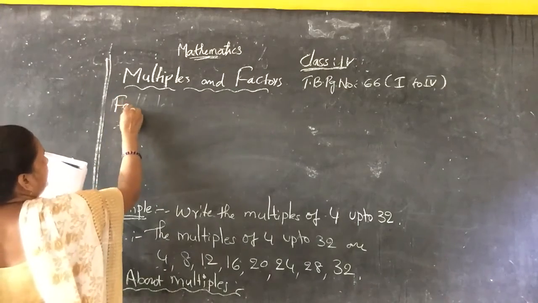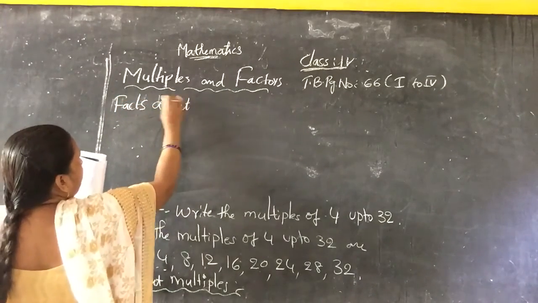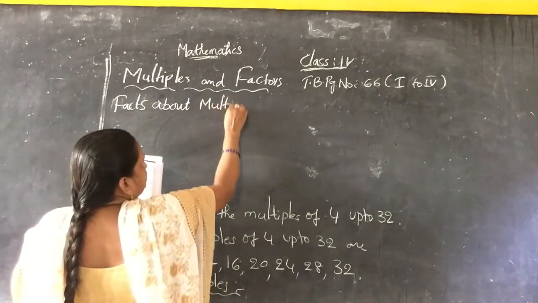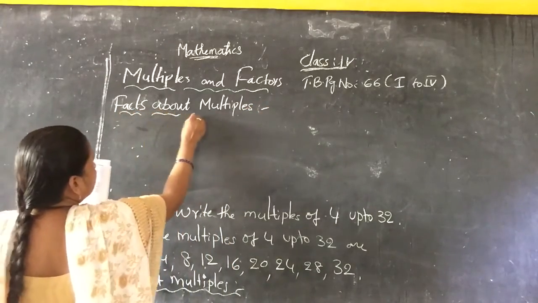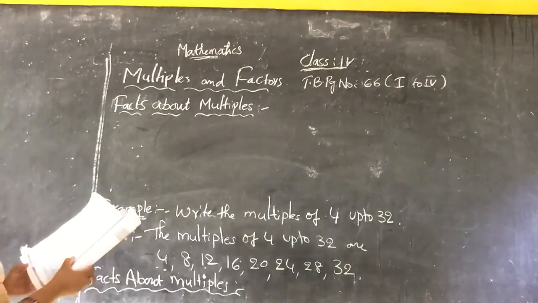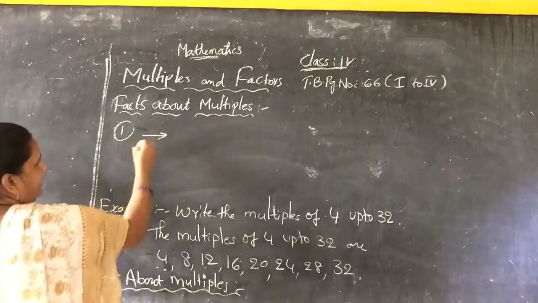Same heading I am writing, children. Facts about multiples. Okay, after writing that, write down fact 1. First point, write it in a circle.